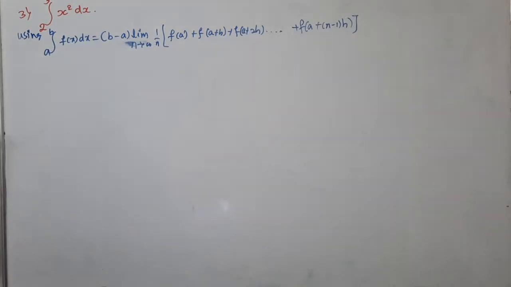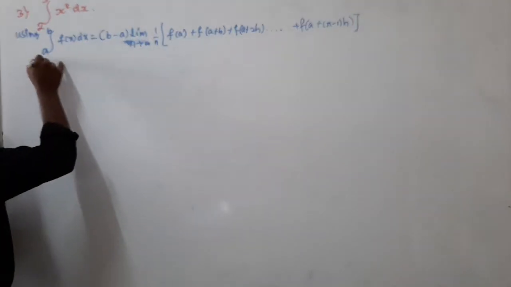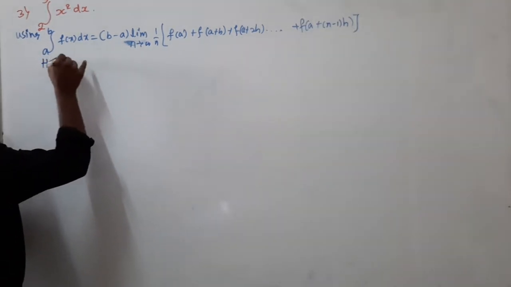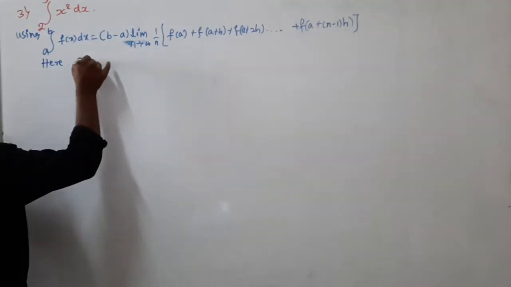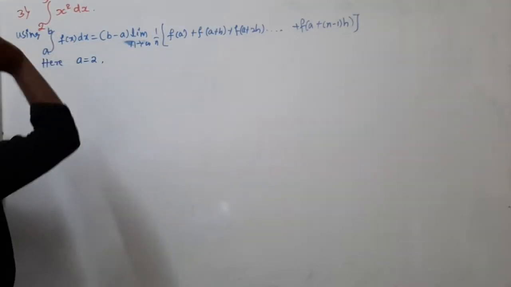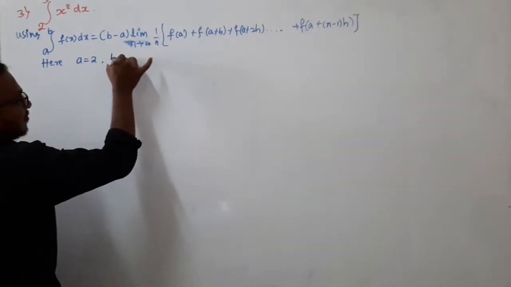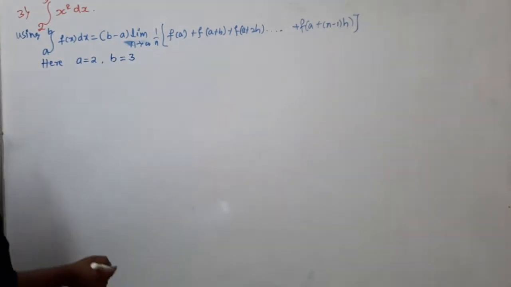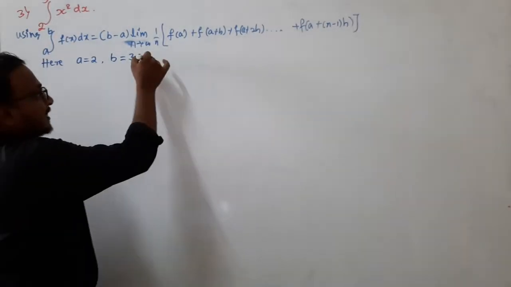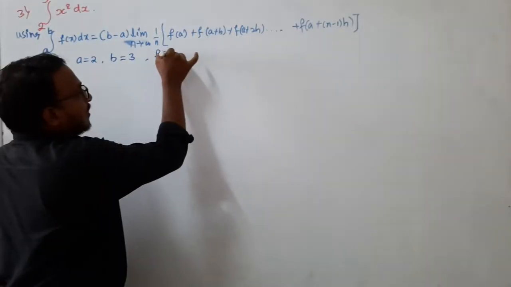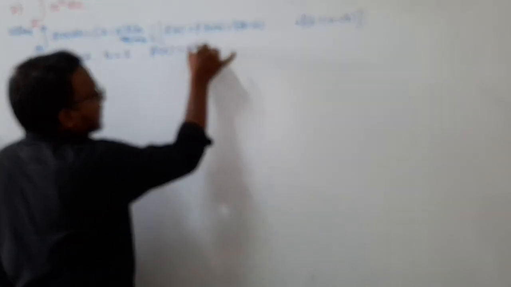Now observe what is given here. The a value is equal to 2, the lower limit is 2, then the upper limit, which is denoted by b, is 3, then the function f of x is equal to x square.